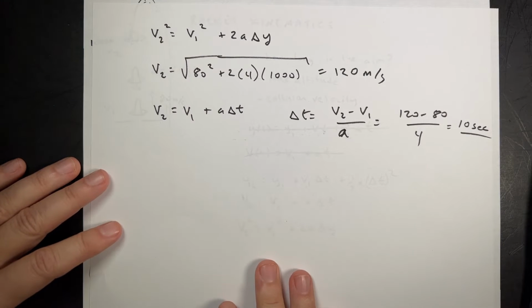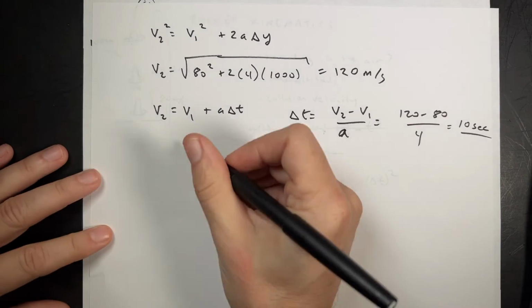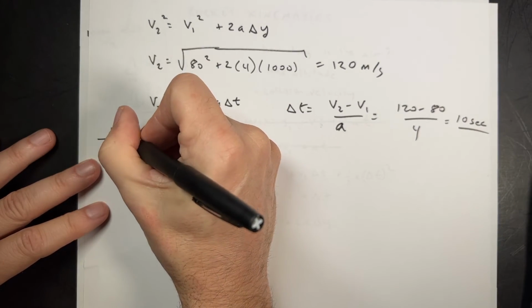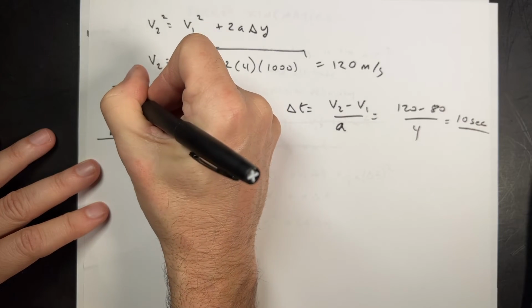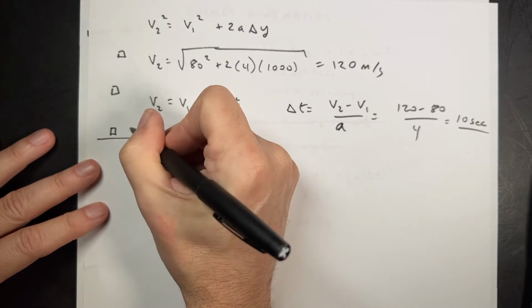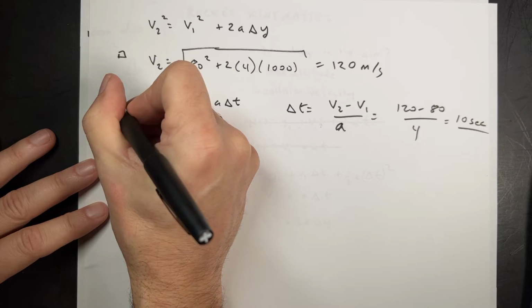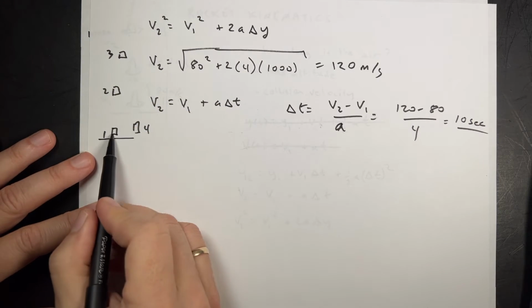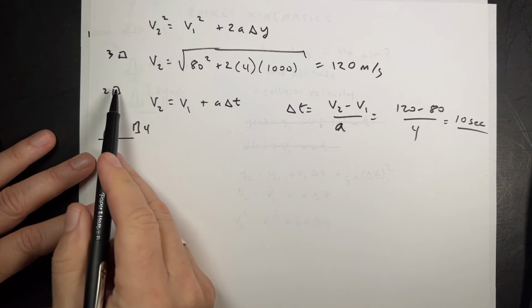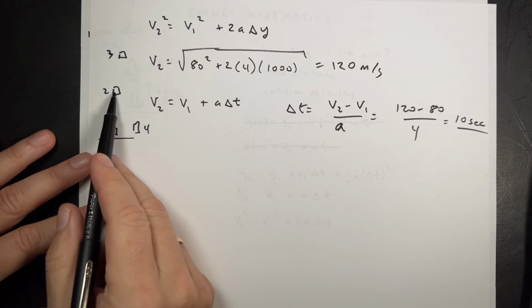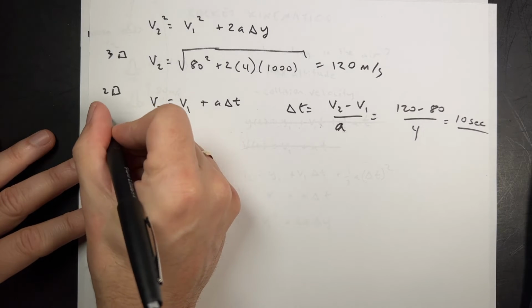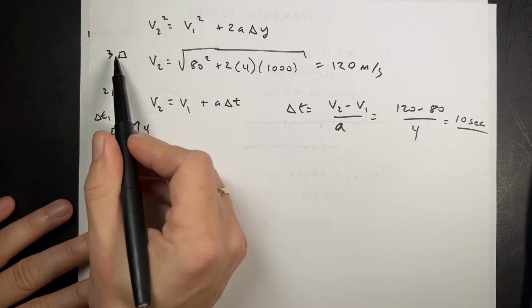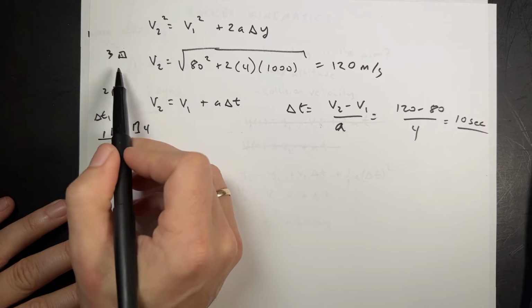Okay, so now if I go back over here to my rocket equation, let's just put a box there, a box there, a box there, a box there. So this is 1, 2, 3, 4. So I have the velocity at 1, I have the velocity at 2, and I have delta t1. That's 10 seconds. So now let's do this part right here, going from here to there, and I can find out how high it goes.